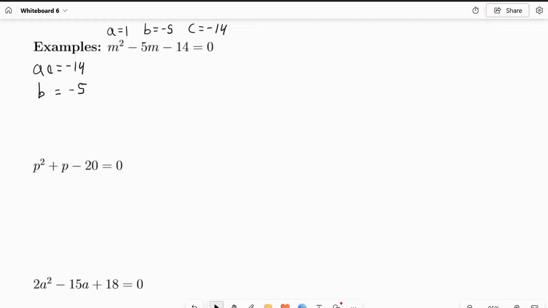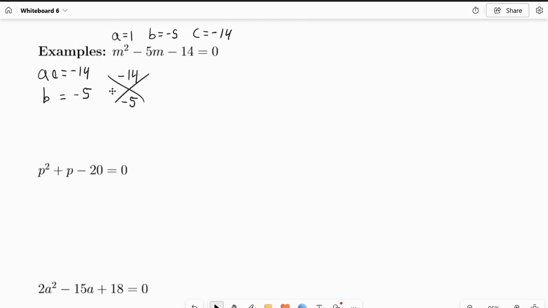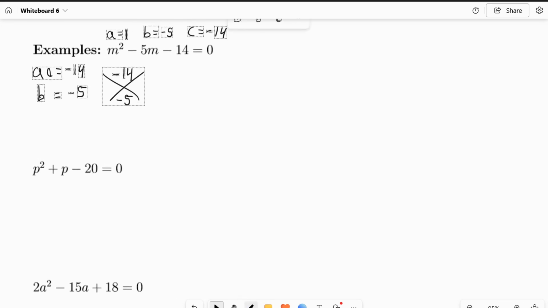All right, so let's create our factoring diamond. Negative 14 and negative 5. Our two factors in this case would be 2 and negative 7.